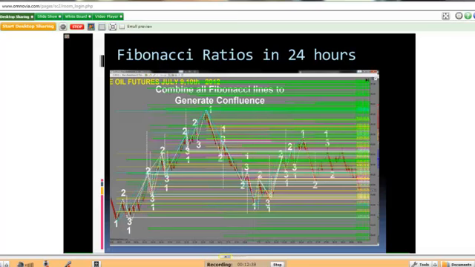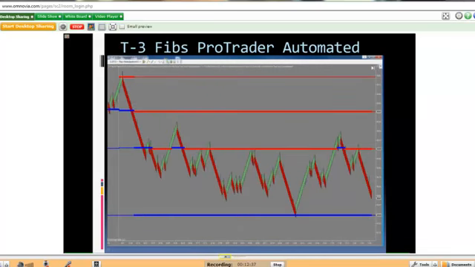So when we filter all this out with the software, this is what we end up with on our chart. Okay? We end up with thousands of Fibonacci projections that are ranked, filtered, sorted, and then they show up as very simple, very easy to read red and blue lines.